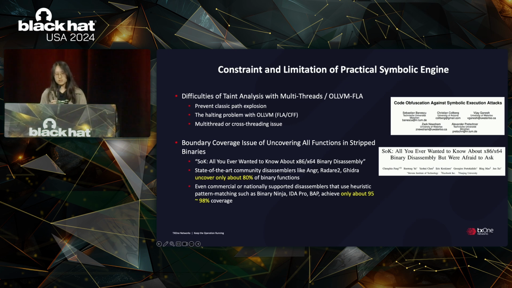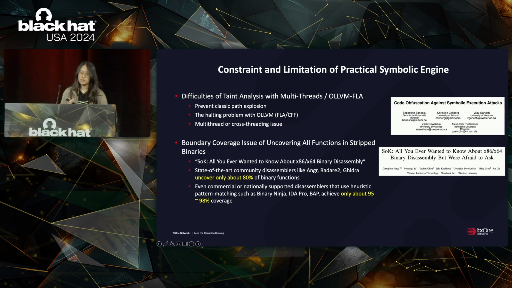The first, classic path explosion, is prevented by our engine, because our engine doesn't go through all the branches of the code. We only record the relationships on the cross-data observation, which helps us prevent the path explosion problem.